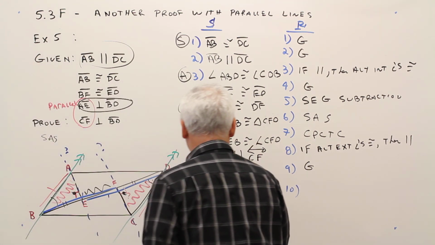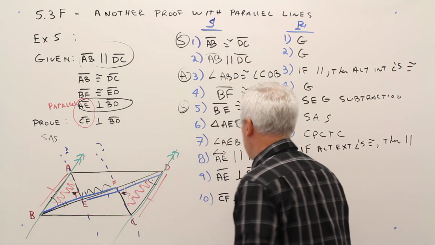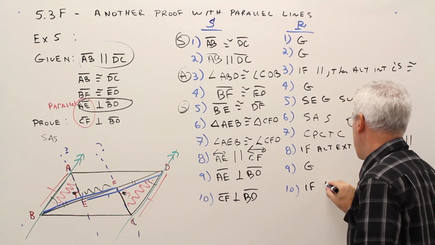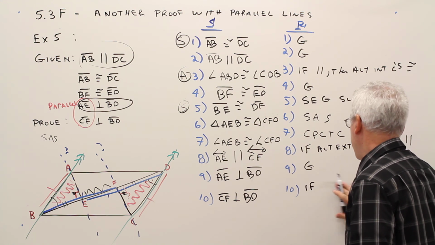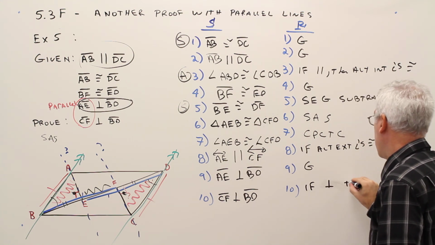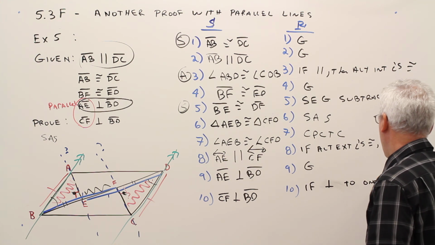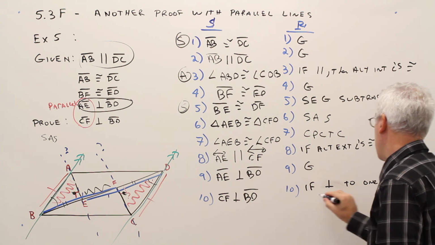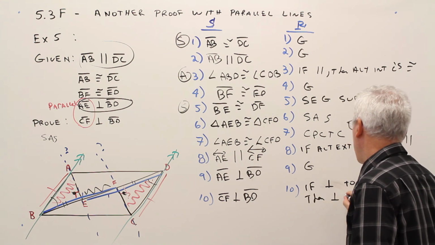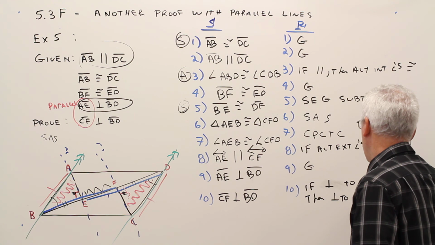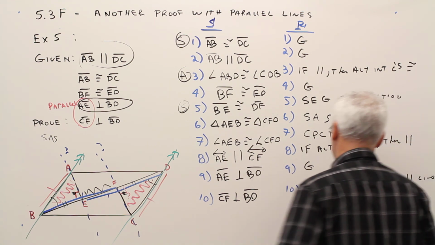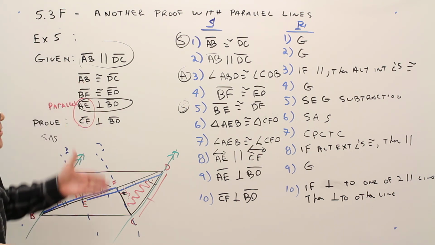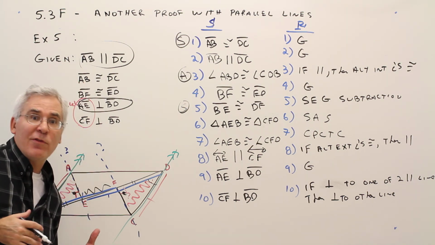So I can say CF is perpendicular to BD if perpendicular to one of two parallel lines, then perpendicular to other line. However you want to word it, something to that effect. So there you have it, how to do another proof with parallel lines and really using the perpendicular theorem.